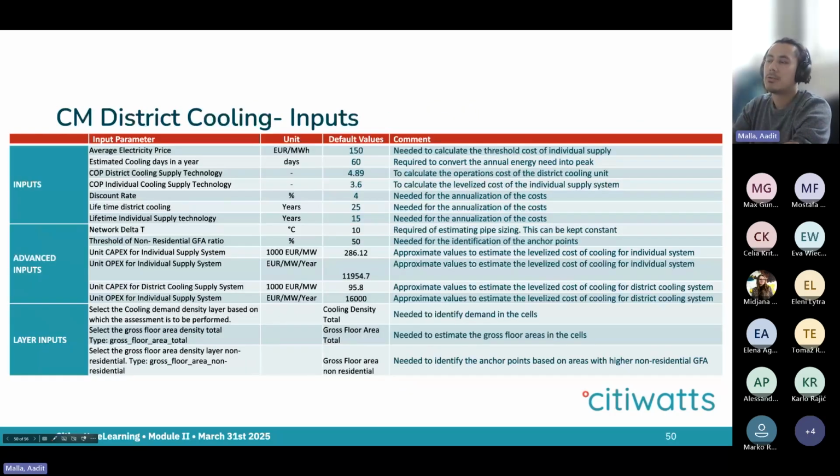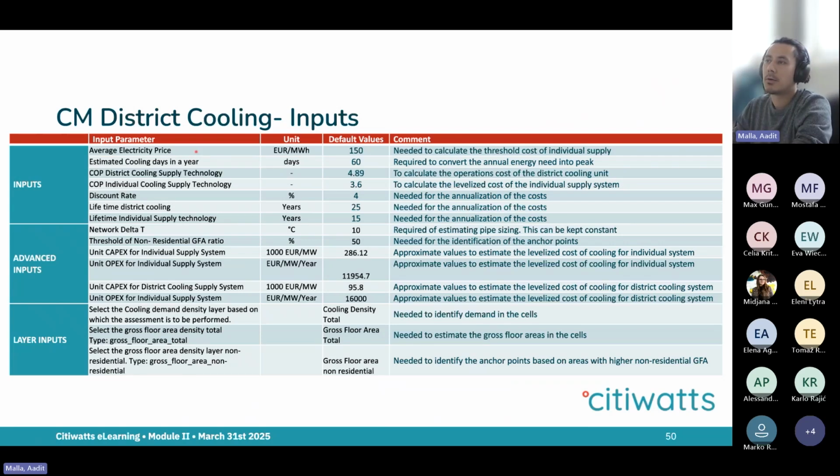With regard to the inputs, there are quite a few, but I've categorized them into three parts. The first one is the general inputs. As I mentioned earlier, one of the important inputs is the average electricity price, where default values are put in, but the user can of course change this.